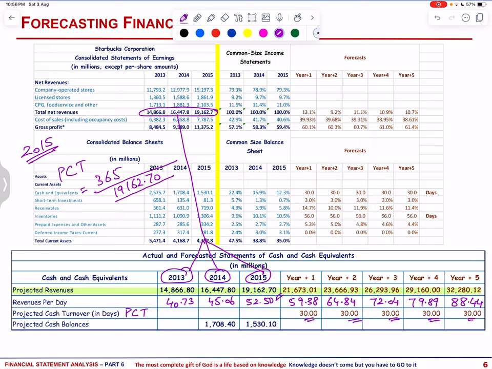Now, the cash balance over here is picked from the balance sheet. These are the cash balances.